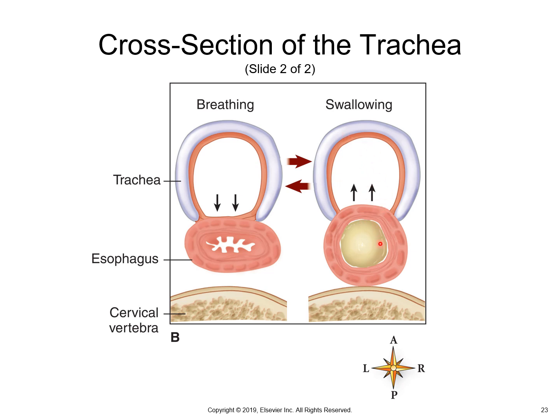If we accidentally get food or a beverage into the trachea, we're choking and the coughing reflex kicks in, so that we can clear that liquid or food from the airway.